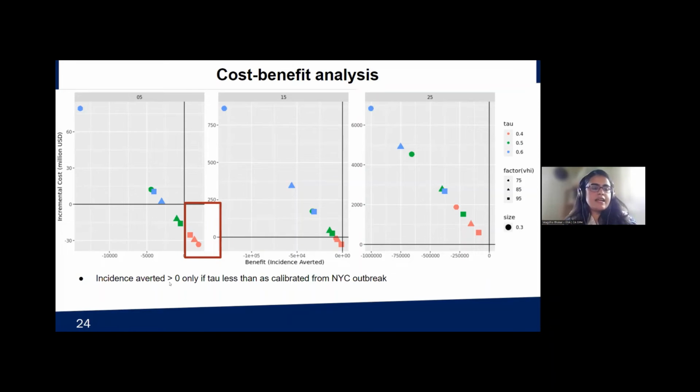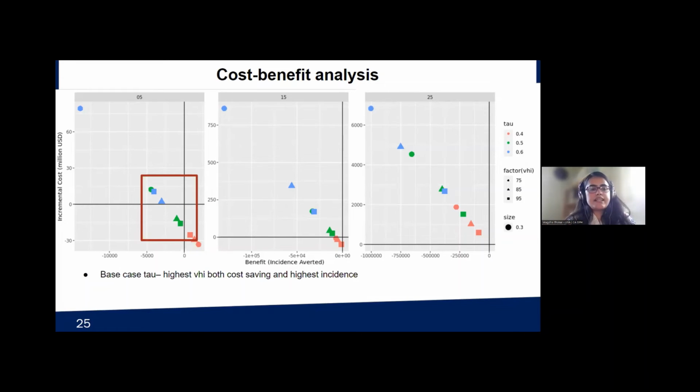Let's see. The first part, we can see that incidence averted. We will actually avert some extra incidence only when the transmission rate is reduced. And that tau constitutes any reduction in transmission due to interventions apart from isolation. So generally speaking, if you're more careful, or have preventative behaviors. The second case is if we look at, here I'm focusing on only the green dots or different markers.